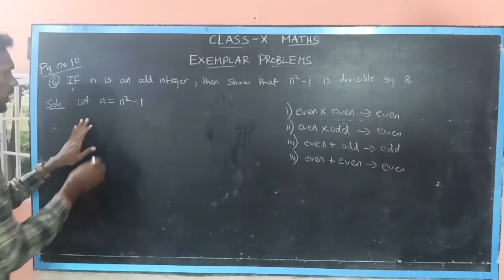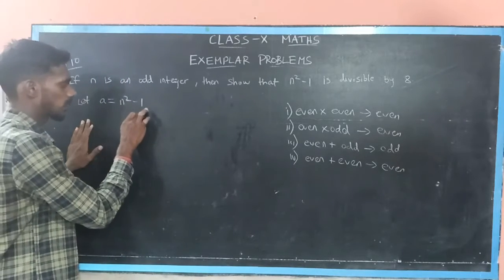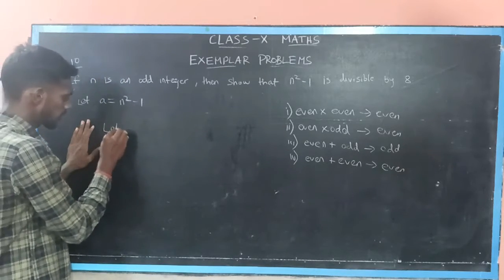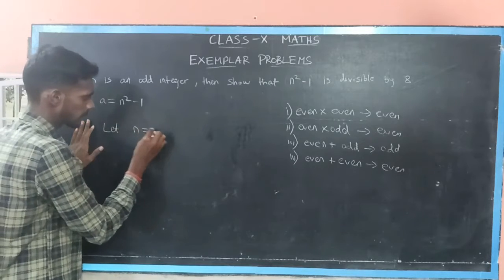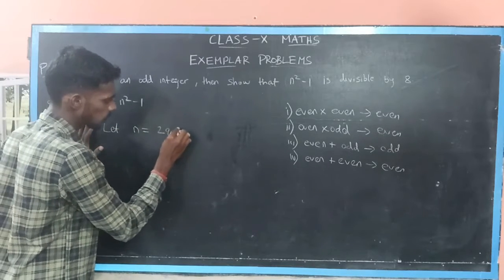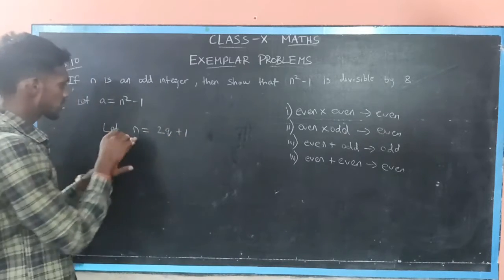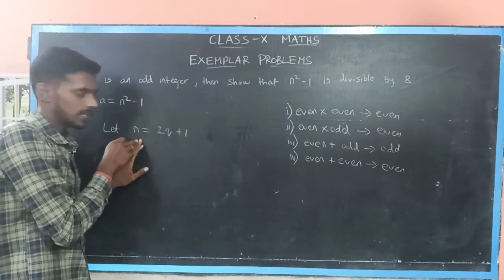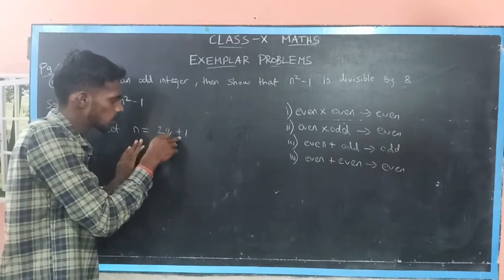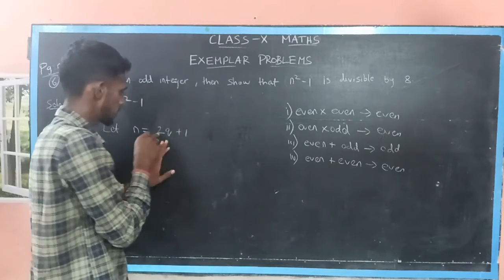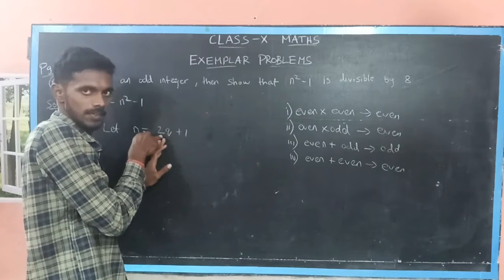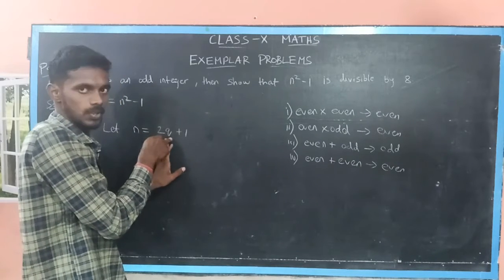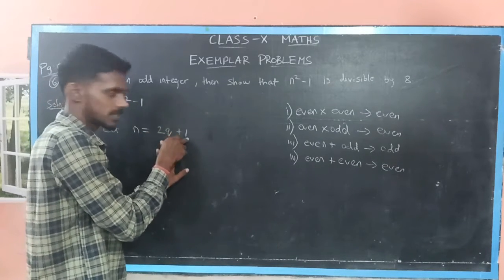Okay. We are going to apply these deductions to solve this problem. So, here a is equal to n square minus 1. I am assuming the value of n to be 2q plus 1. Because they have given n is an odd number, it can take the form 2q plus 1, because I will explain. 2 is an even number, q is any positive integer, 1 is the odd number.